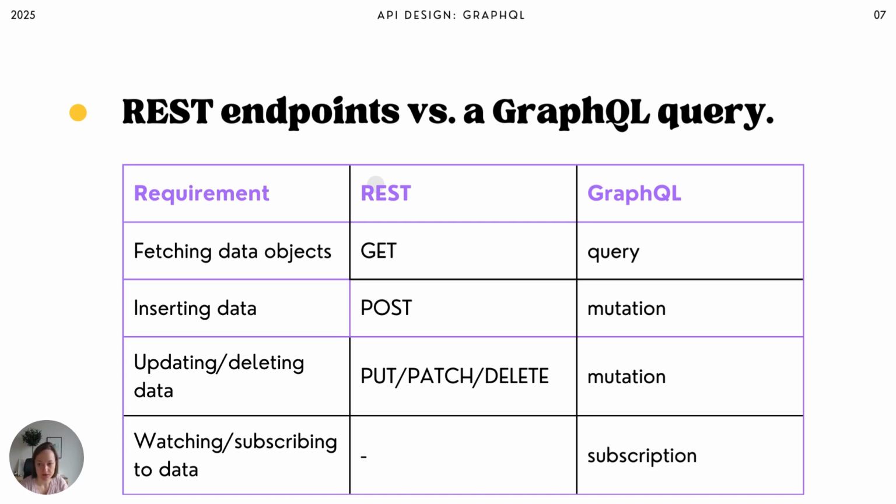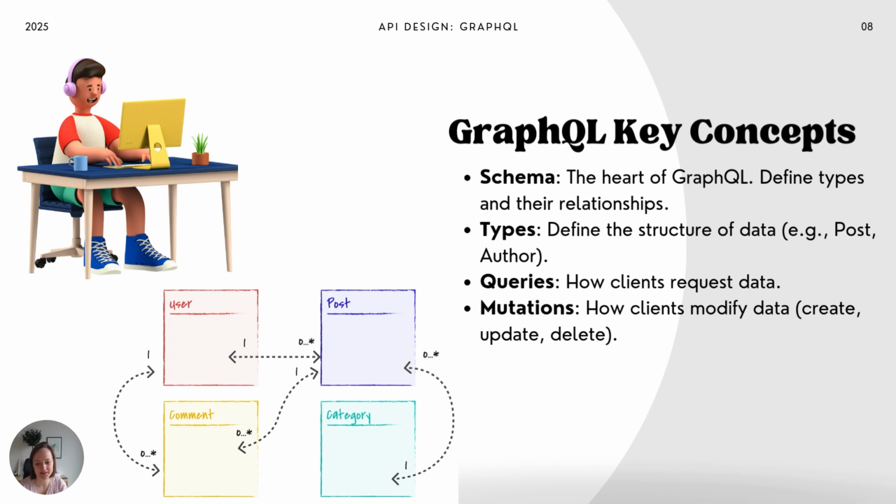GraphQL uses a single endpoint, allowing clients to request exactly what they need, and a query specifies the data structure. And then for mutations, you also specify that in the query. Easy. So how do we start designing our own API then?